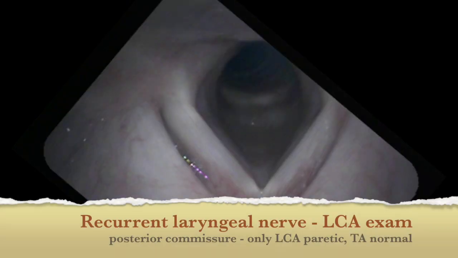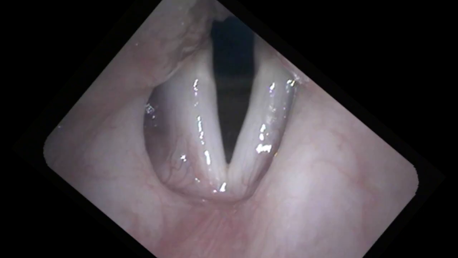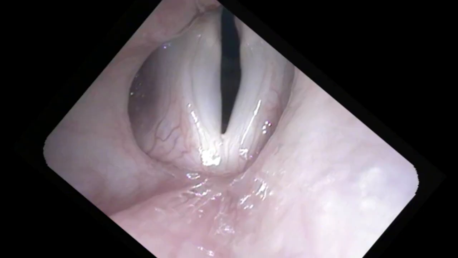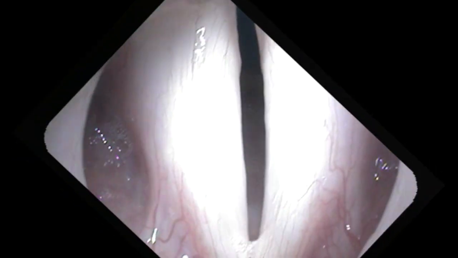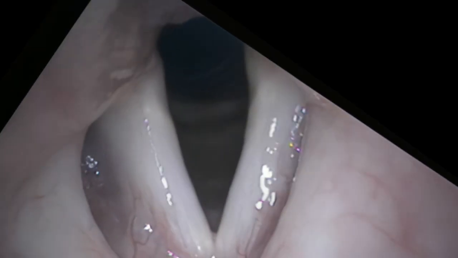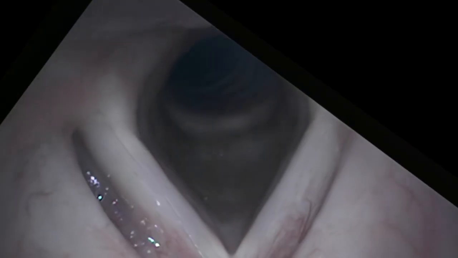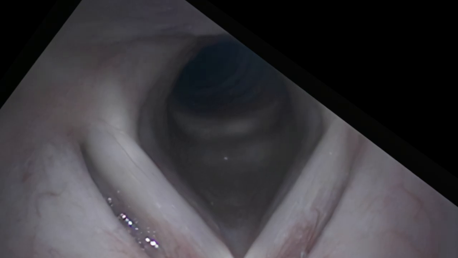This is most apparent when we slow the video down. Notice how the vocal process on the right is leading while the vocal process on the left is lagging, both in speed and in angulation.